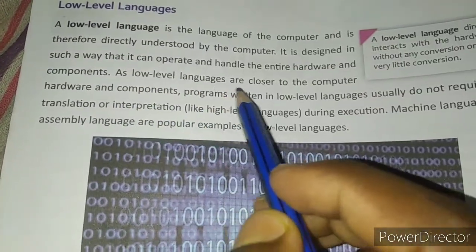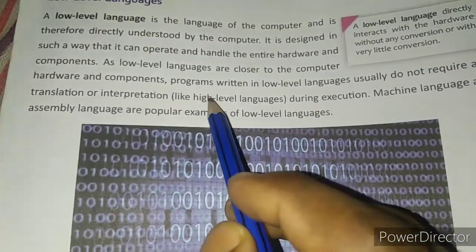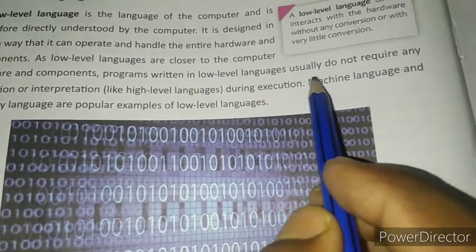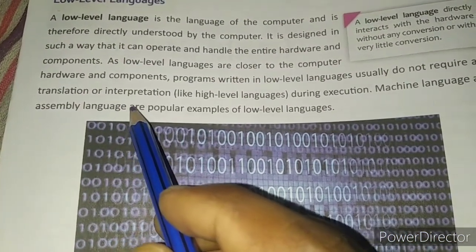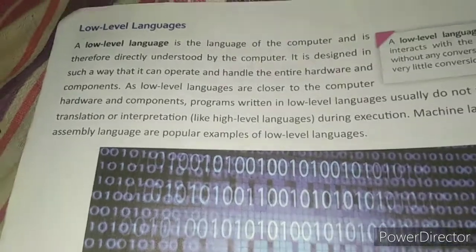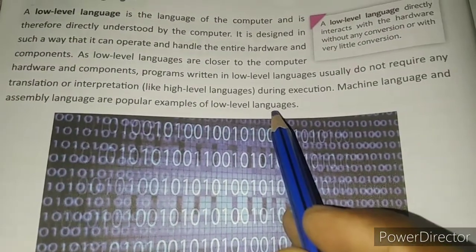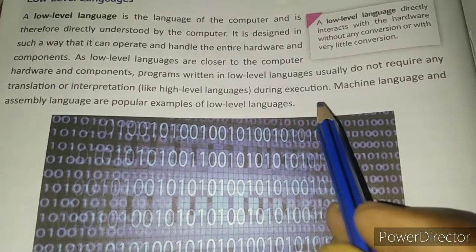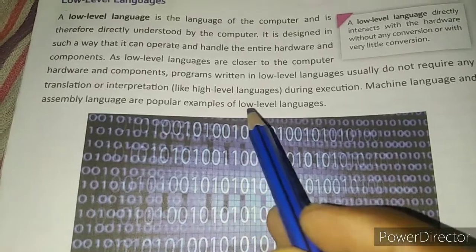As low level languages are closer to the computer hardware and components, programs written in low level language usually do not require any translator or interpretation like high level languages during the execution. Machine languages and assembly languages are popular examples of low level languages.